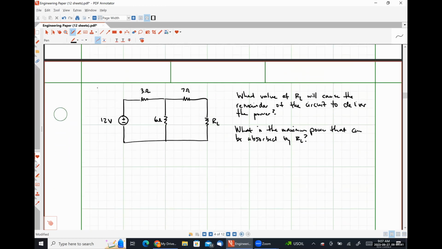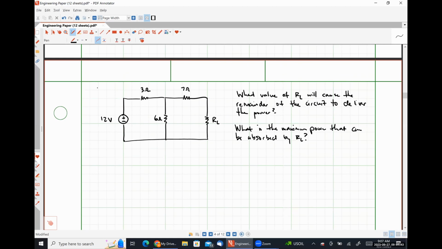So how do I make the circuit above look like this? Because that's how I solved the first part. So somebody tell me what to do. So a source transformation, absolutely.